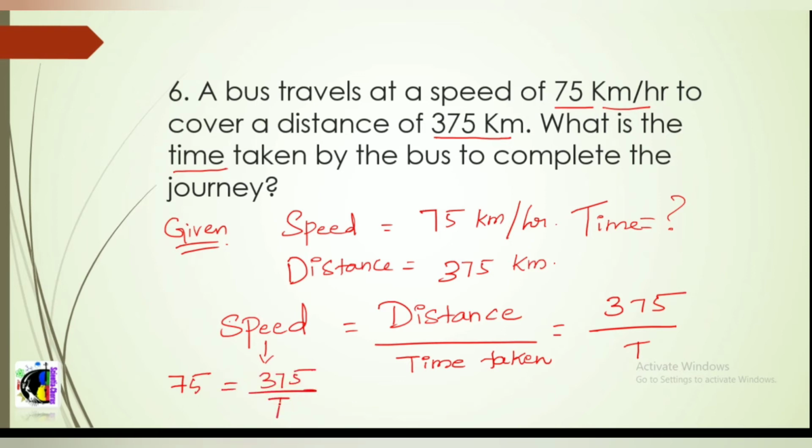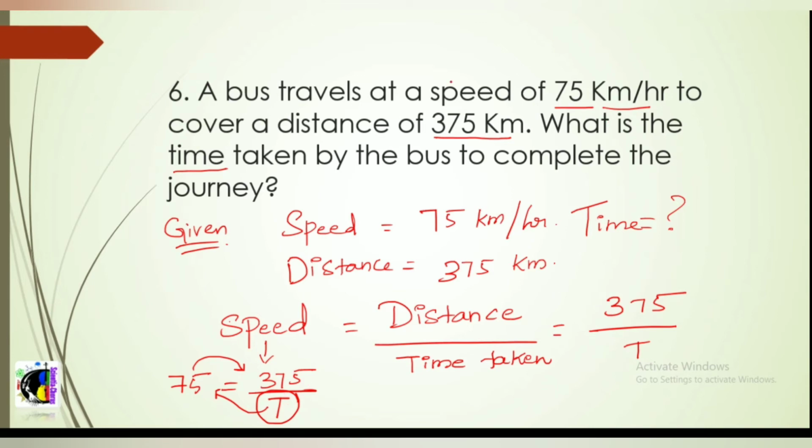Now we need to find out the value of t. So if I want to find the value of t, this will be moving to the left hand side, and this 75 will be moving to the right hand side. When this is happening, what happens? t will be going up, and 75 will be coming as division here.